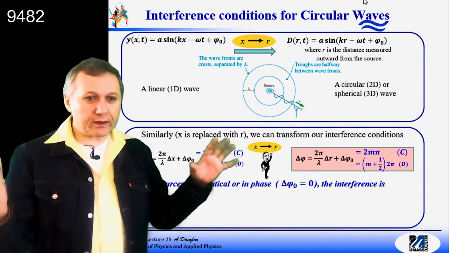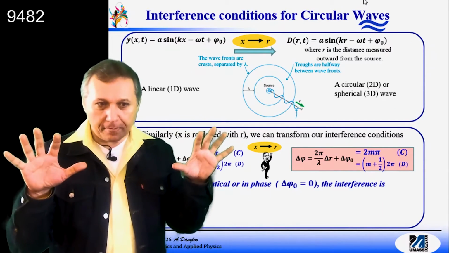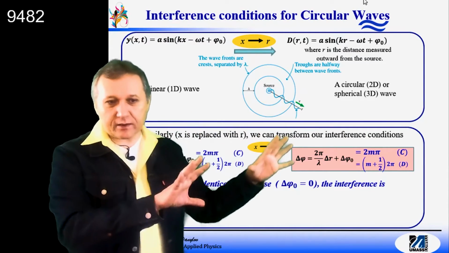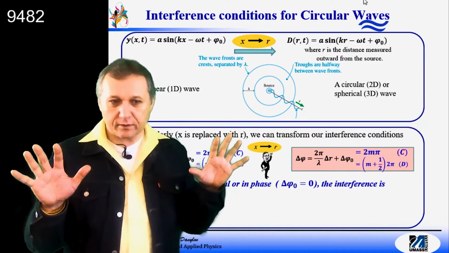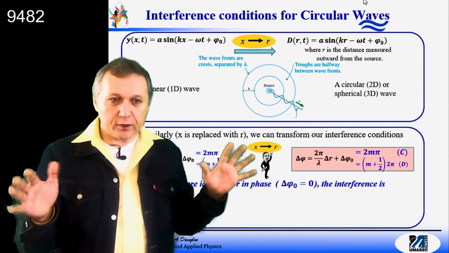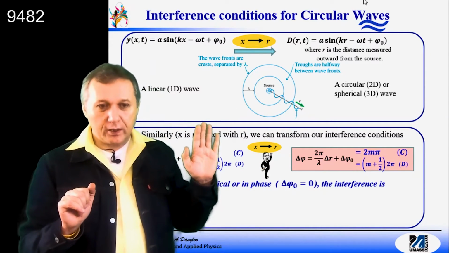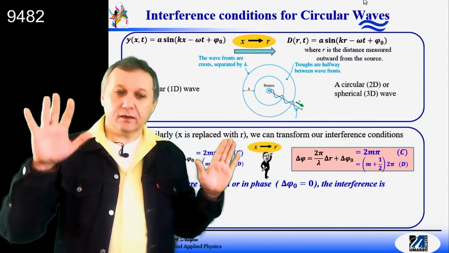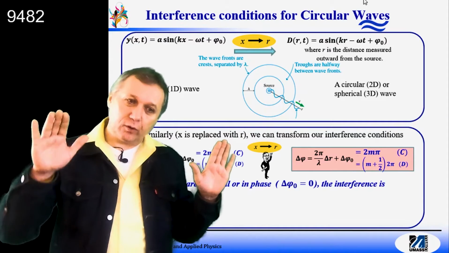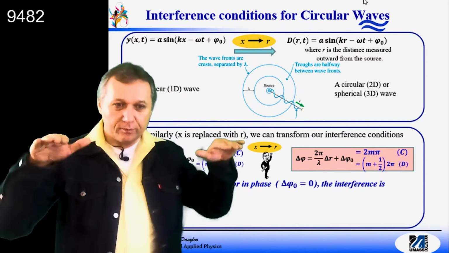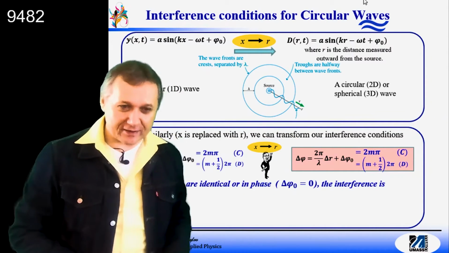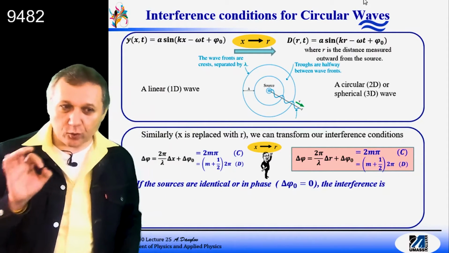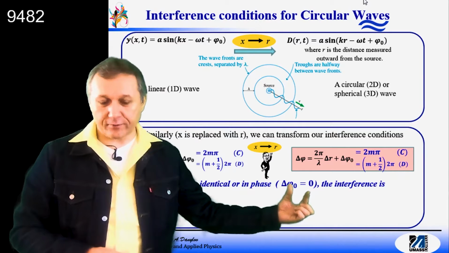It's sort of like, what if you have two sources and look at the initial moment of time and draw a snapshot graph. You will see that the first source produces a sine function, and the second source also produces a sine function. So they produce exactly the same waves. In this case, we can say sources are identical or in phase, and the inherent phase difference is 0.